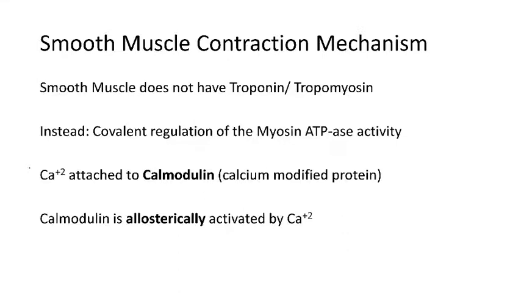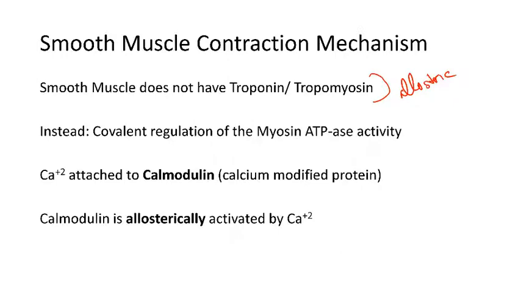So I already said that we do not have troponin and tropomyosin. Instead, we have covalent regulation. Remember that troponin and tropomyosin are allosteric, which we saw in skeletal, and we will see again in the heart. Instead, we get this covalent regulation of the myosin.